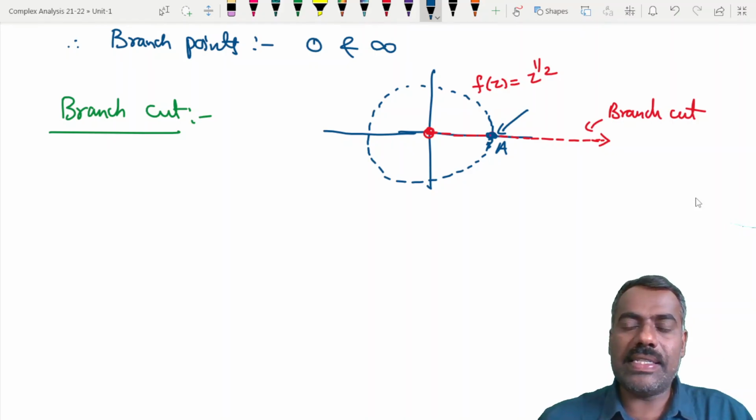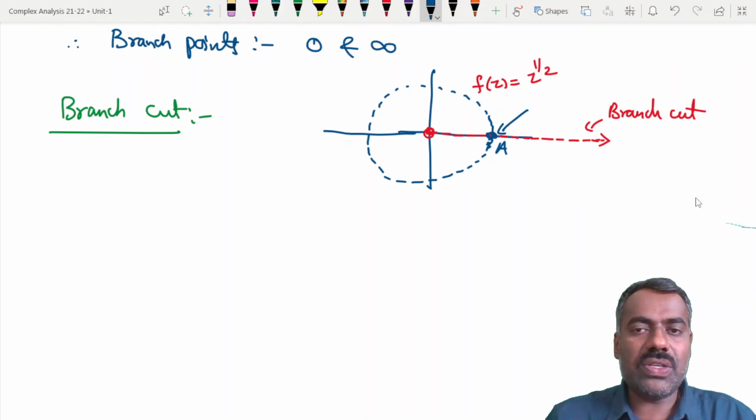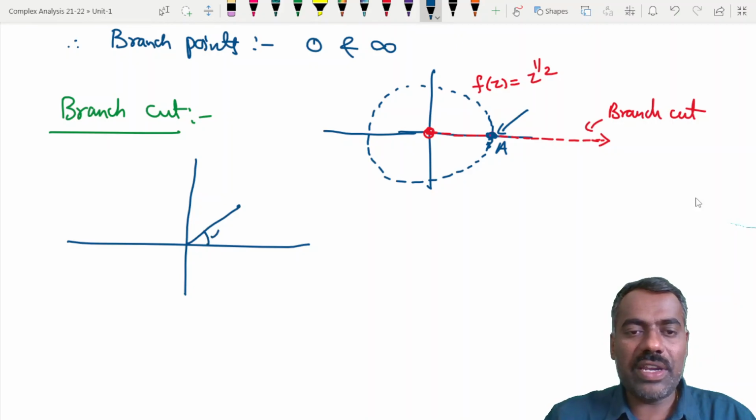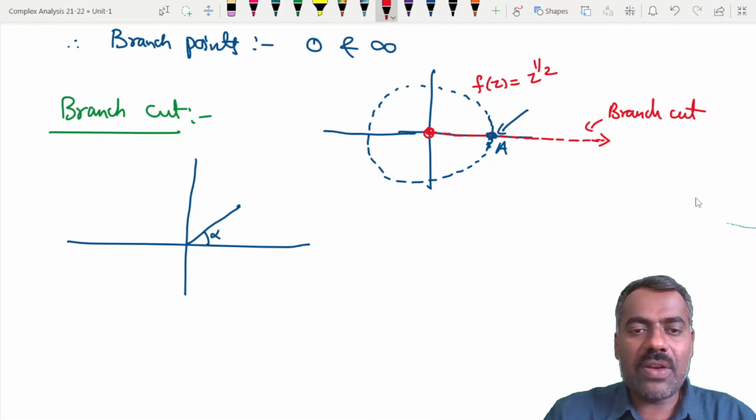Now, why only this positive real x-axis? You can actually have infinitely many branch cuts. Why? Let me draw another picture. Suppose this is some point, and this is some given angle, you can call it alpha. Now I will take a circle around from this point.